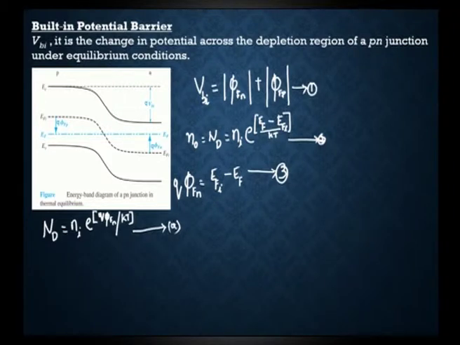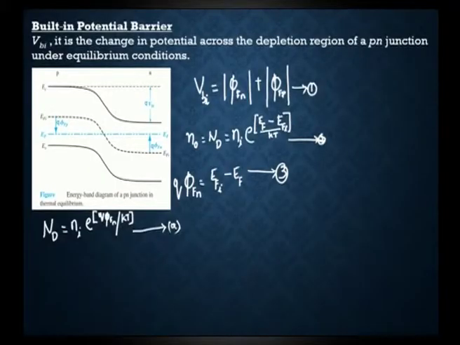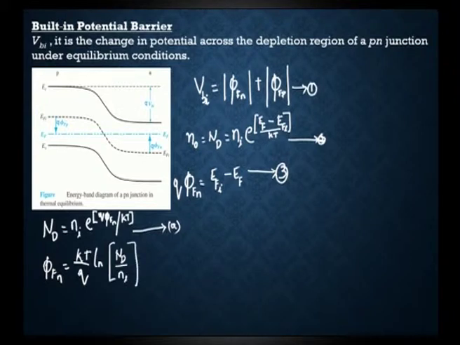Now we are going to take the natural log of this equation A and find phi Fn. After rearranging, taking the natural log and extracting phi Fn from the above equation, we get this, which we consider as equation 4.